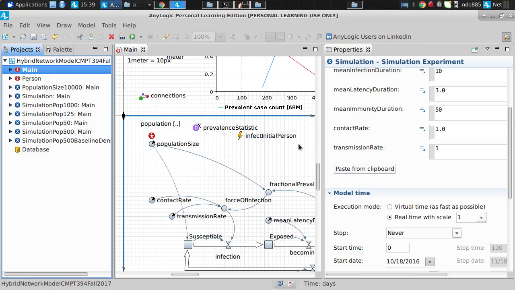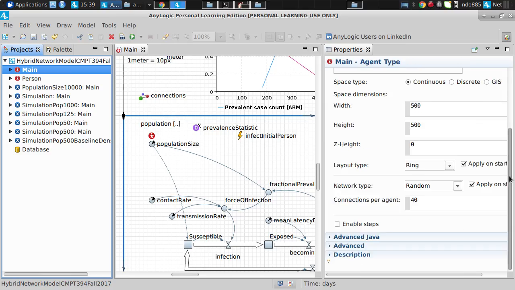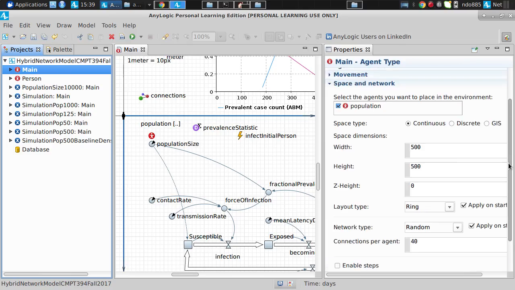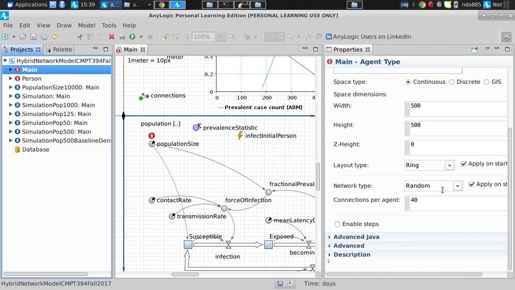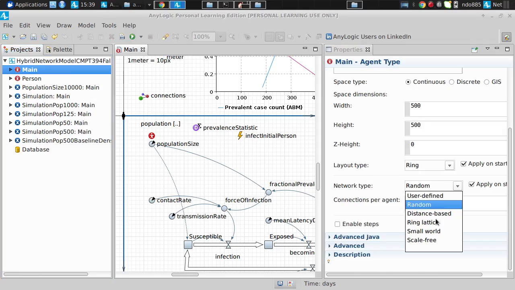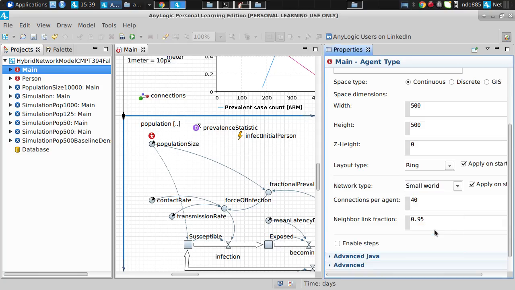This next one that we're going to explore, ladies and gentlemen, we go down main to space and network, and I'd like to go to network type, and I'd like to pull down small world.